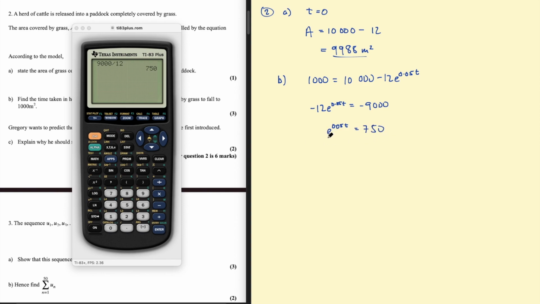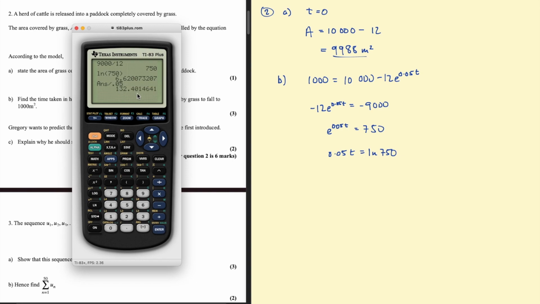Then you want to take the natural log to bring that t down a level if you like, and we'll have 0.05t equal to the natural log of 750. Then calculate that. So ln of 750 is equal to 6.62, and then we want to divide by 0.05.